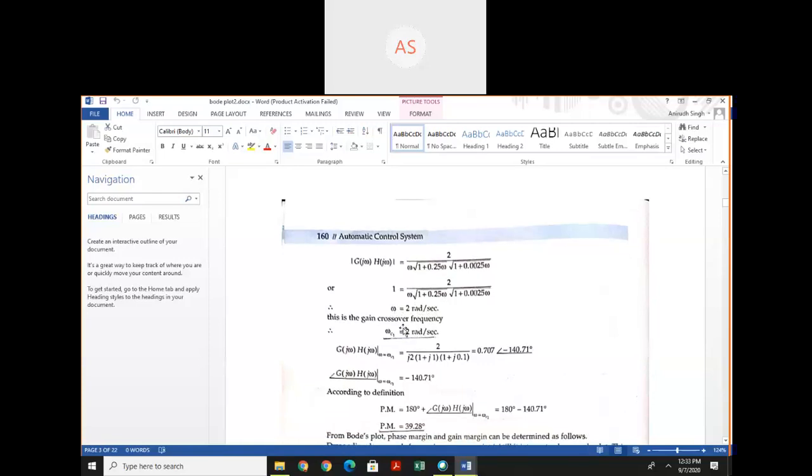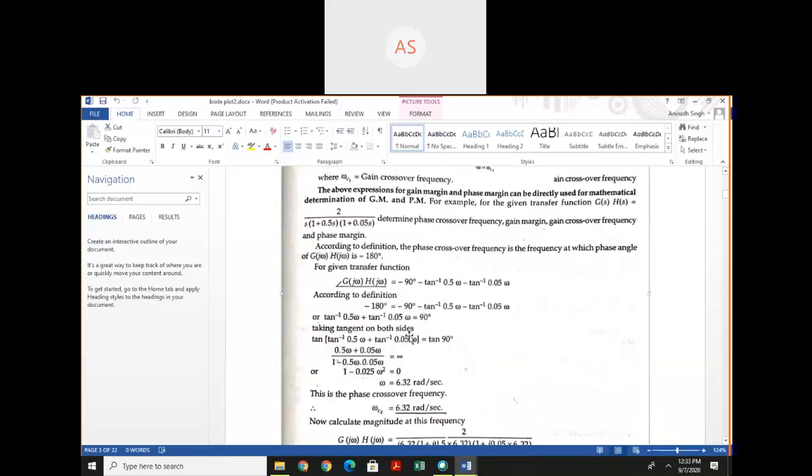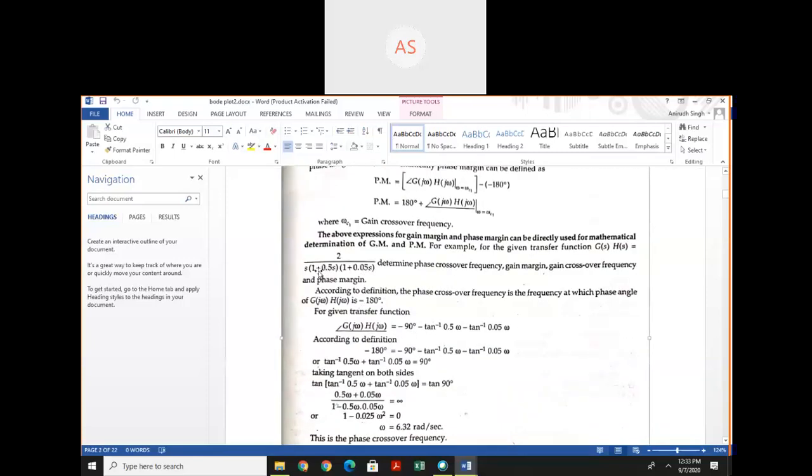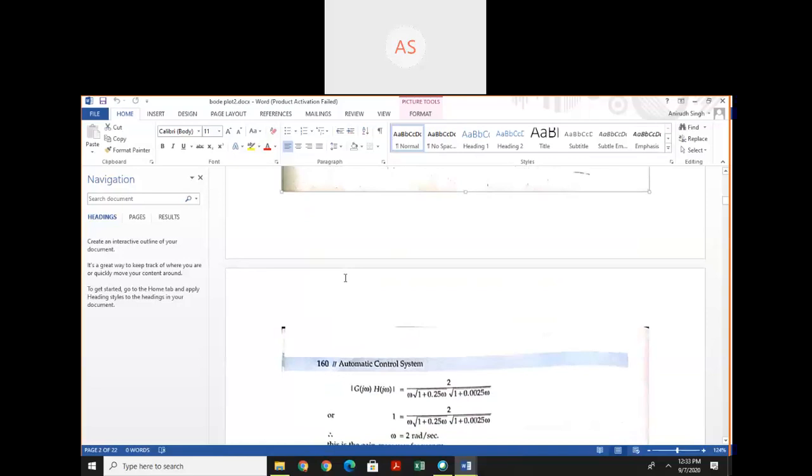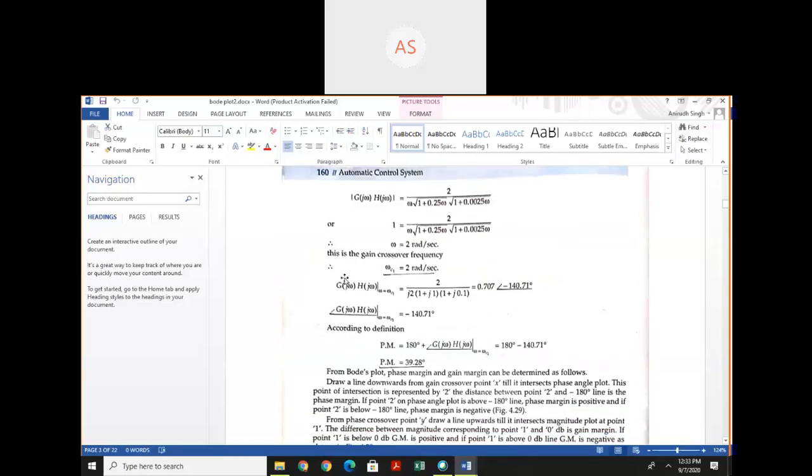If we substitute the value of gain crossover frequency in this transfer function, with omega equal to 2, we get this expression.